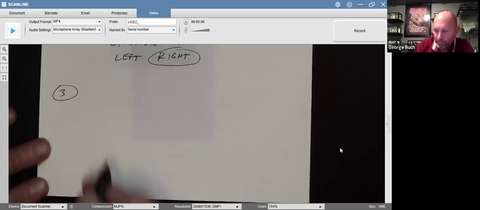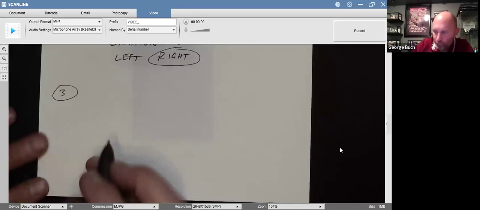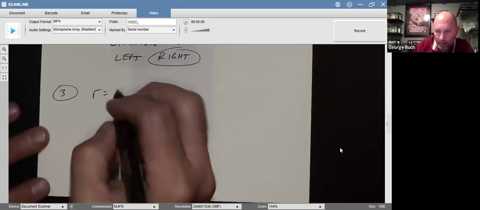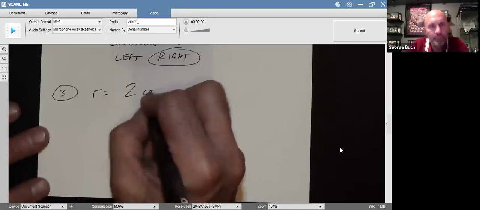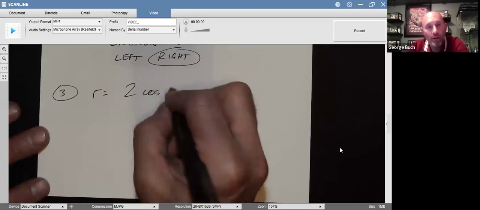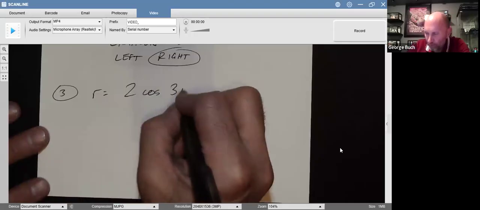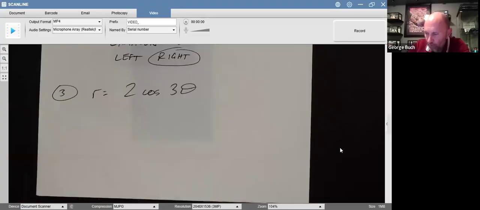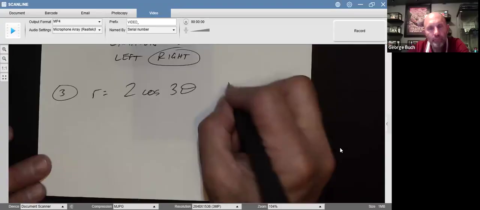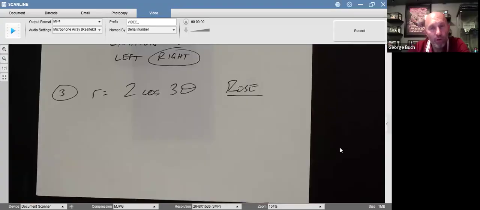Number 3, r equals 2 cosine 3 theta. There's no plus or minus. So right away, I know this is a rose. Now I need to identify how many leaves it has. That depends on the number in front of the theta.